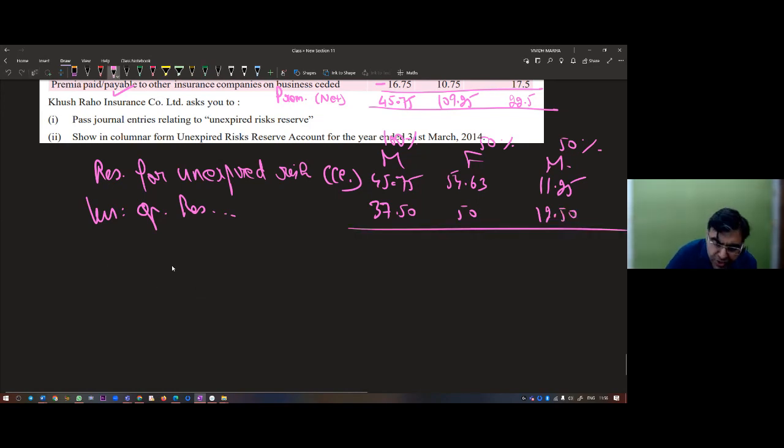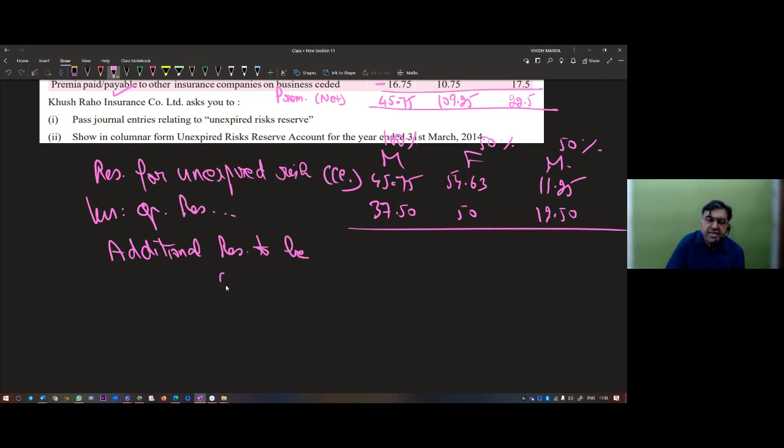So additional reserve to be created will be 8.25, 4.63 minus 1.25.